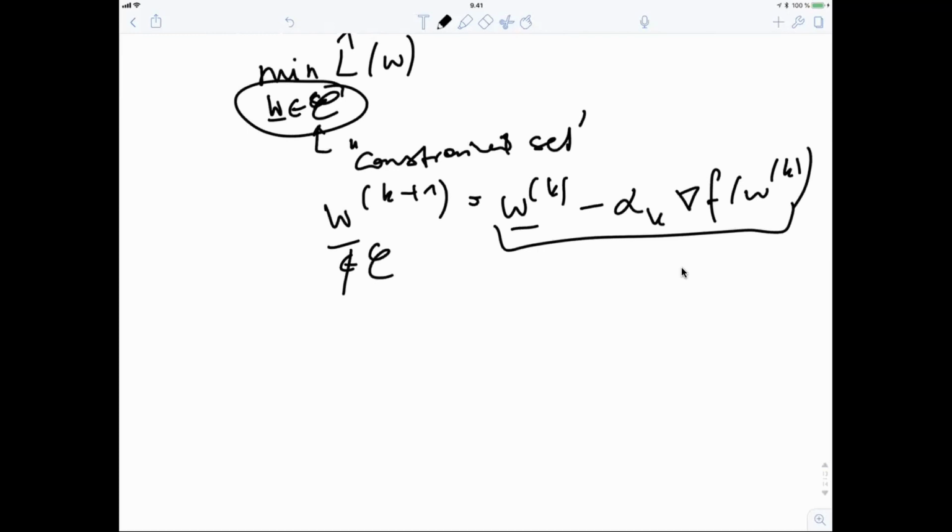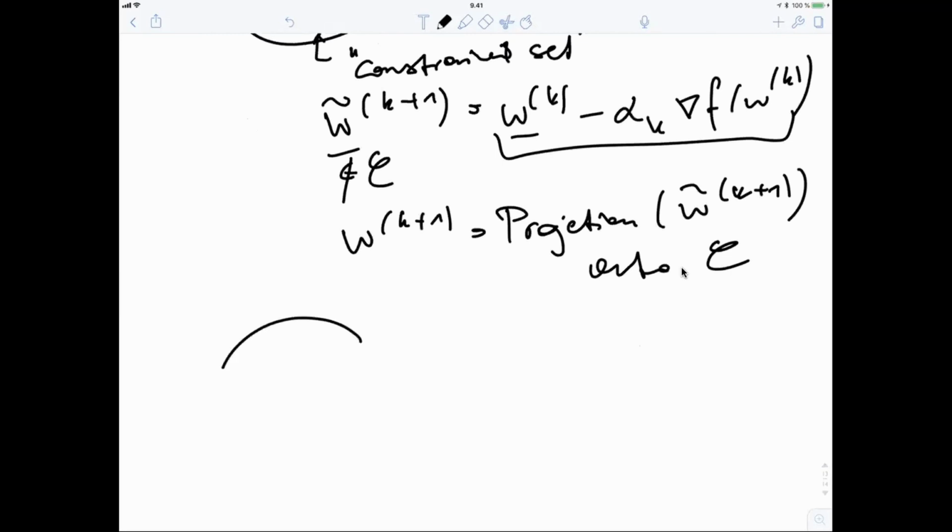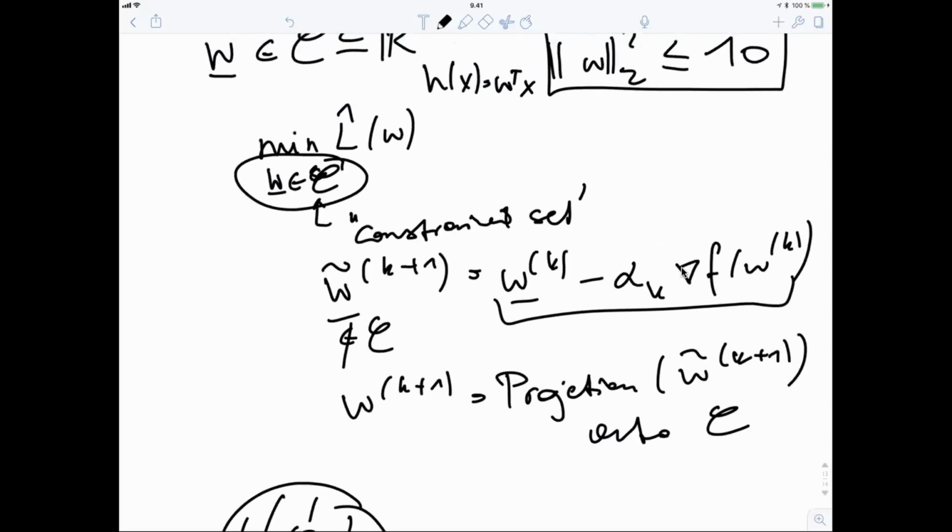Well, we say this is only a tentative new weight vector, but the really new weight vector is obtained by projecting the tentative update onto the set C. What do I mean by projection? So this here is a convex set. I tacitly assumed that this constraint set is a convex set.